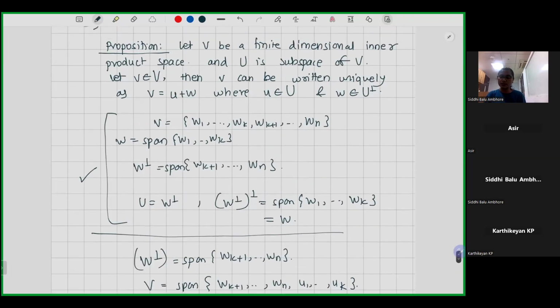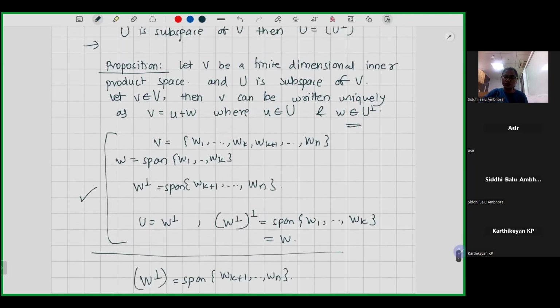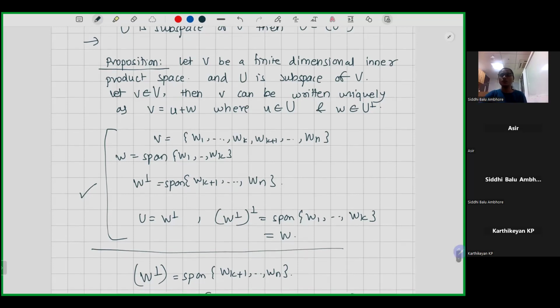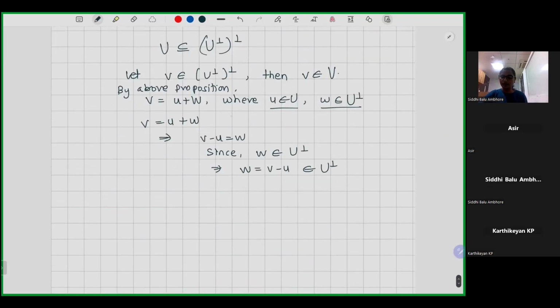And this representation is possible due to the proposition that for any given V, we can write it uniquely. This U and W are unique such that U is in U and W is in U perp. Is it okay?